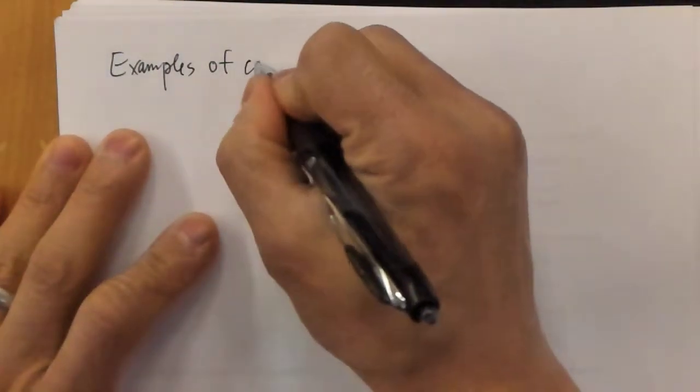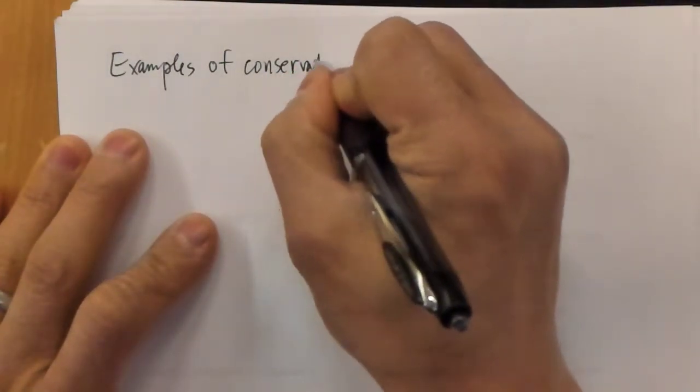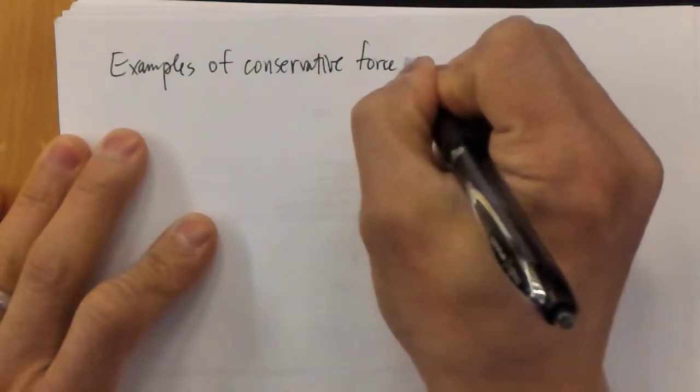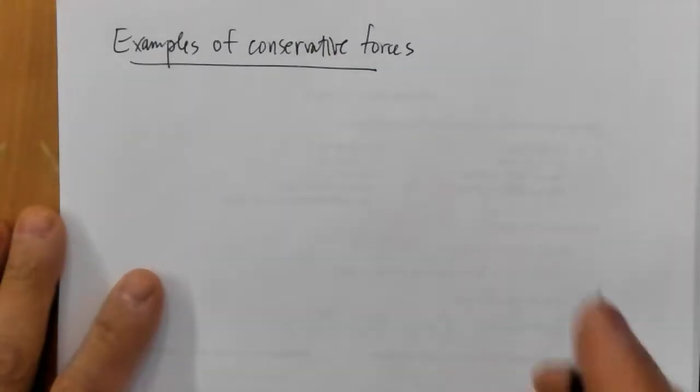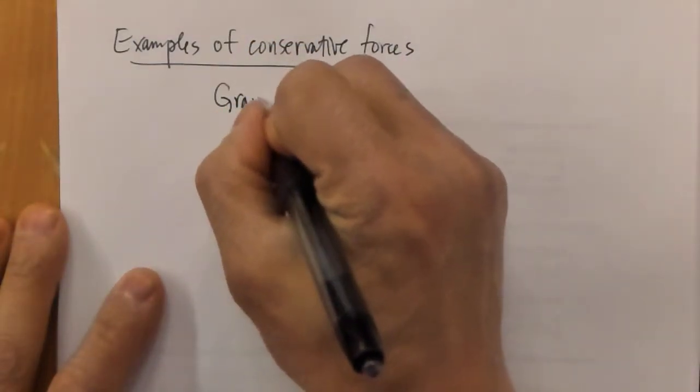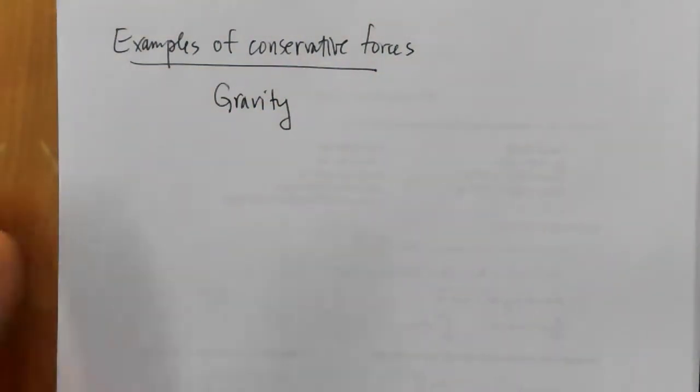Okay, conservative. All right, so the main two we'll talk about, in fact, the only two we'll talk about in this course, this semester, will be gravity, which we just discussed, but we can talk about gravity more generally.